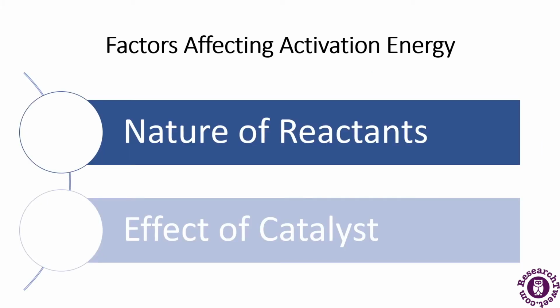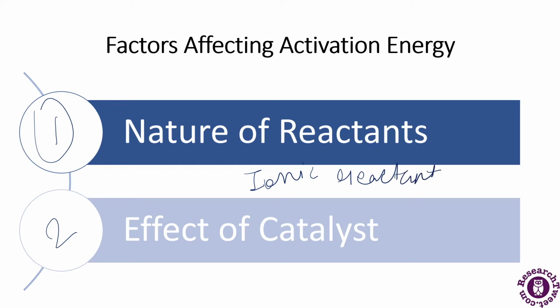Now there are a few factors which affect the activation energy. The first factor is the nature of the reactants, and the second is the effect of a catalyst. In the case of ionic reactants, the value of EA will be low because there is an attraction between the reacting species.